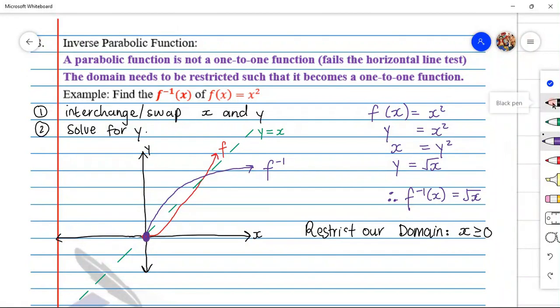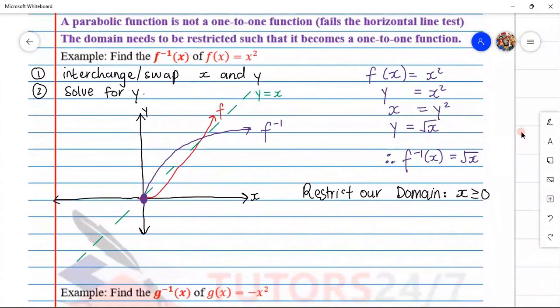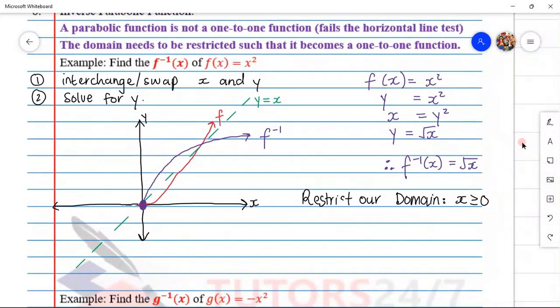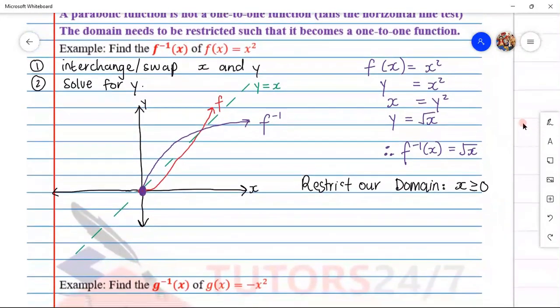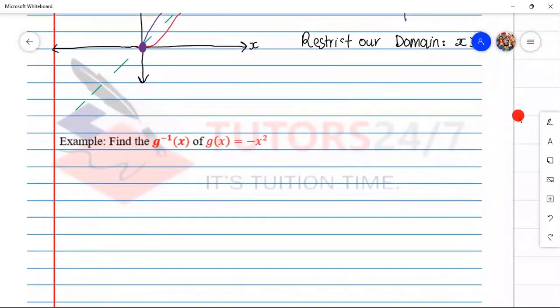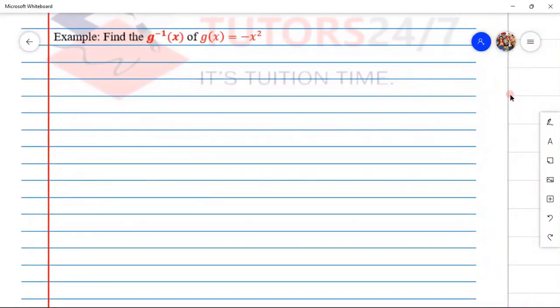Now, let's move on to our next example that deals with negative x squared. So let's start off by drawing our function.